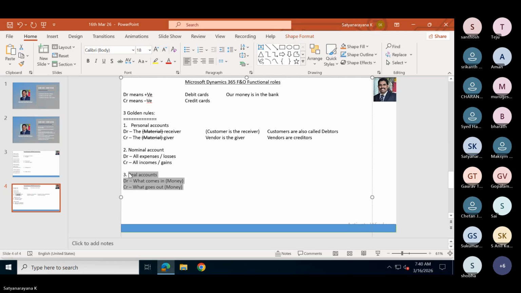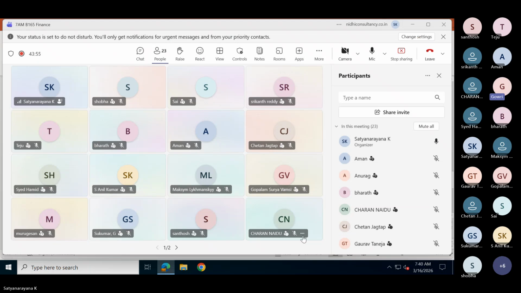That's it. I have one question, Satya. Yes, proceed. You said that in invoicing, personal and nominal accounts are used. But let's say there is a case where I'm buying an asset. Asset again is a real account, right?